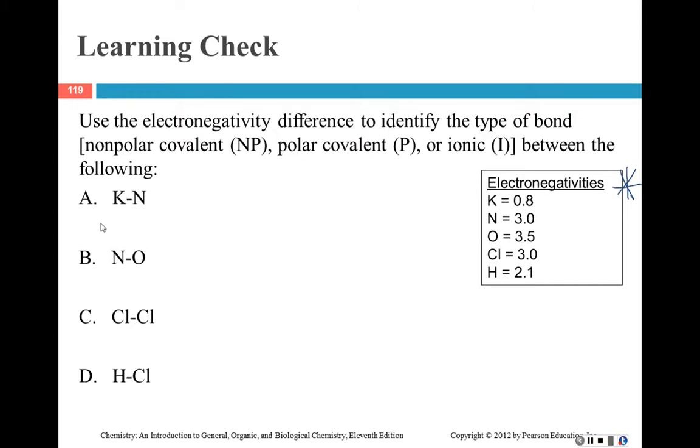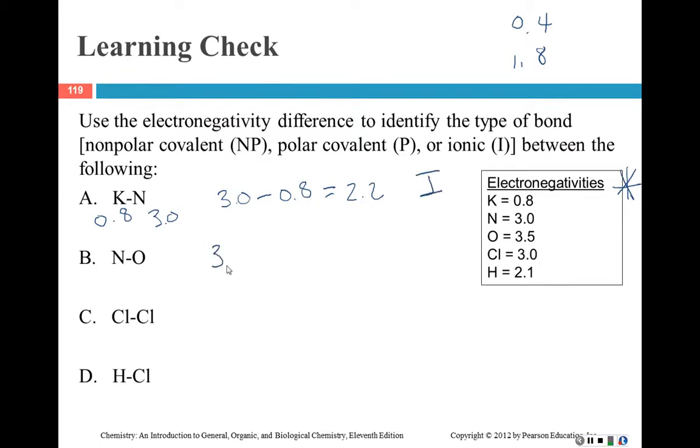Potassium has a 0.8 and nitrogen has a 3.0. So 3.0 minus 0.8 is 2.2. Remember our cutoffs are 0.4 and 1.8. So this is greater than 1.8, so that one must be what? Ionic.